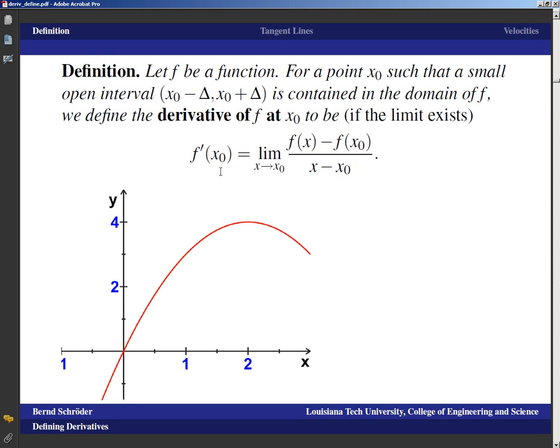That would mean here that here is a point, and if we are looking at an average rate of change from here to here, say, well, then of course that average rate of change just gives us a secant line. But if we keep x0 at 1, and we now move this x closer to 1, we can see that these average rates of change, these slopes of secant lines, get closer and closer to the slope of a tangent line that we may be after here.